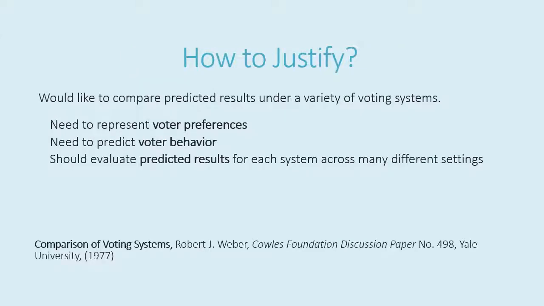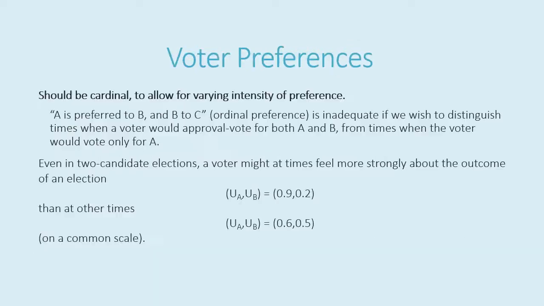To evaluate approval voting, it's necessary to represent voter preferences, predict voter behavior, and compare predicted election results with predictions made for other voting systems. Voter preferences clearly should be represented cardinally via the utilities a voter would derive from the election of any one of the candidates.